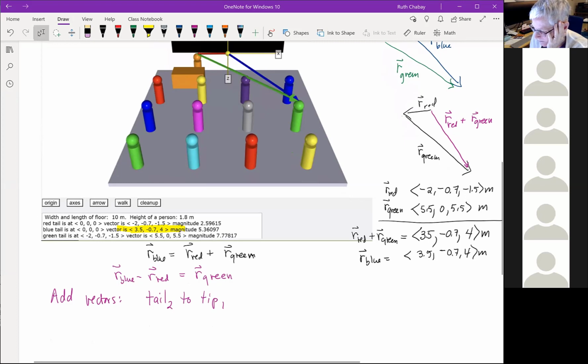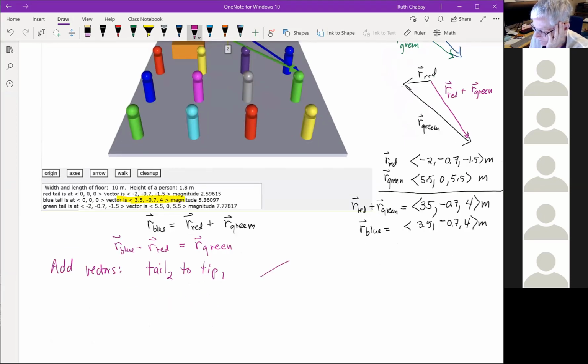So we have R1, R2, R3, drawn kind of sloppily. Let's draw it better here. We moved R2 to the tip of R1.